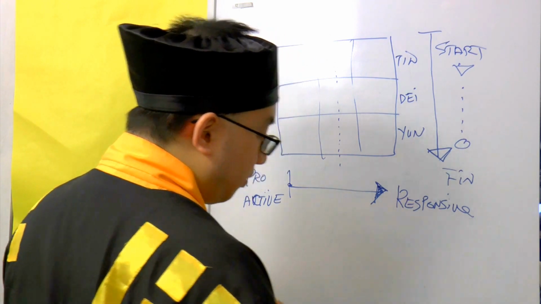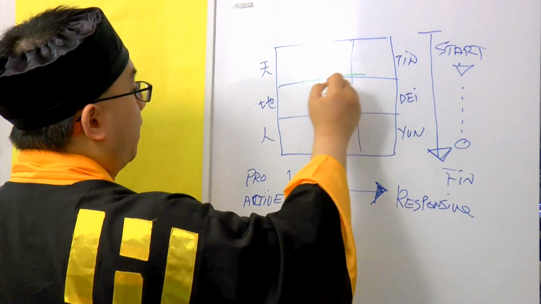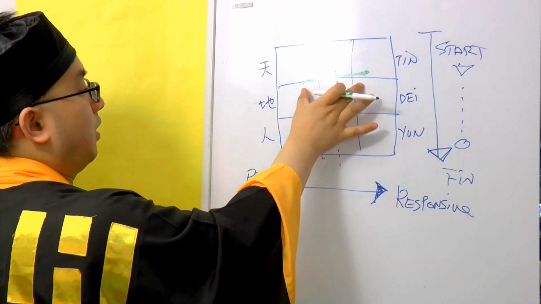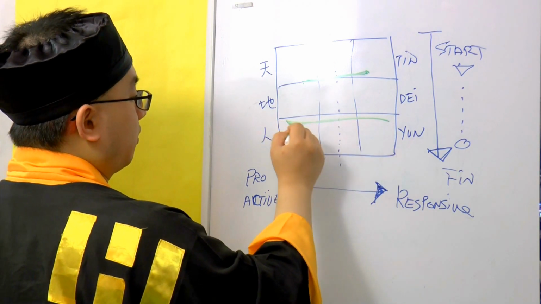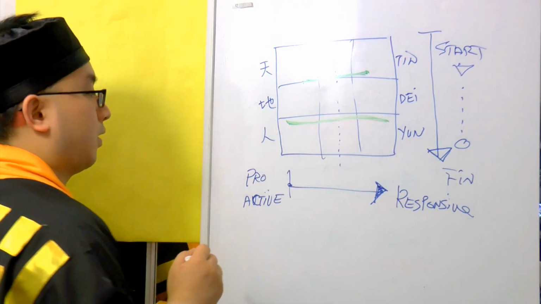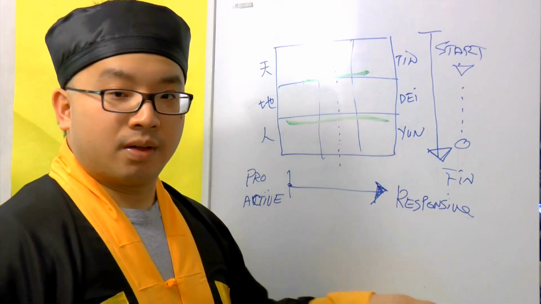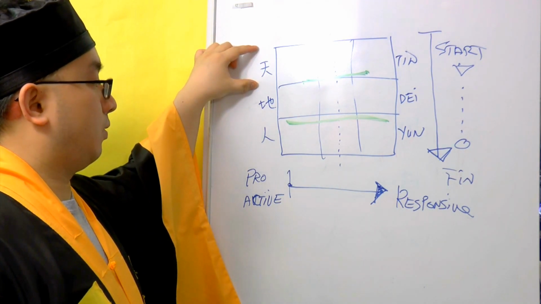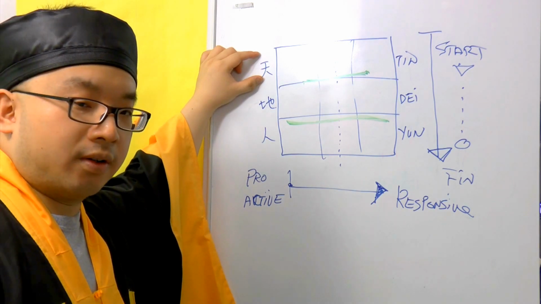Okay, so number 2. What is number 2? Number 2 is like this. First, you have 1 line here. Now this line is only that short, not so long. The other side goes like this, longer. That is number 2. Number 2 means the end result of Tin, after you have gathered all the elements and stuff.